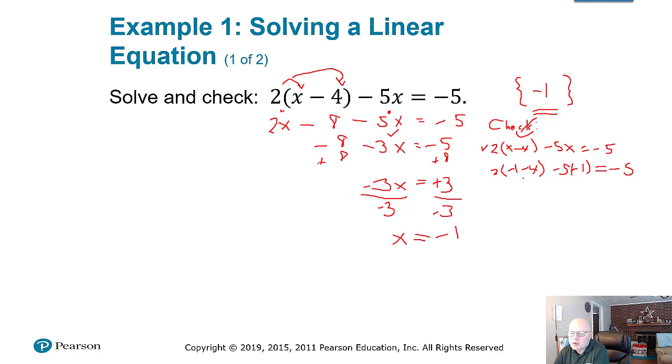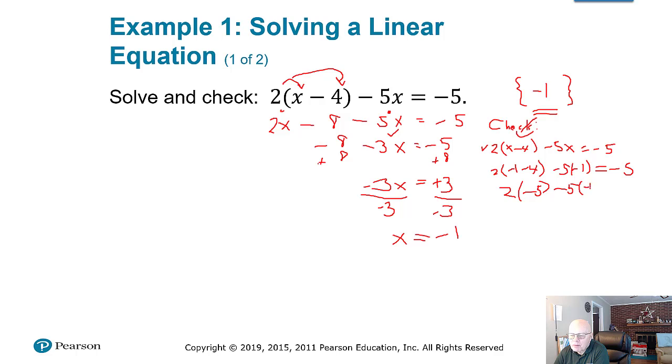Now, we do inside the parentheses first, so we need to take -1 minus 4 first. So we have 2 times -5. And if we look over here, we'll just copy that.